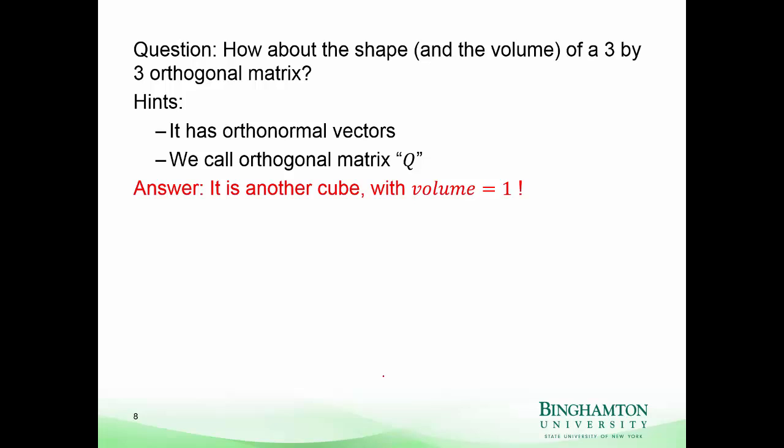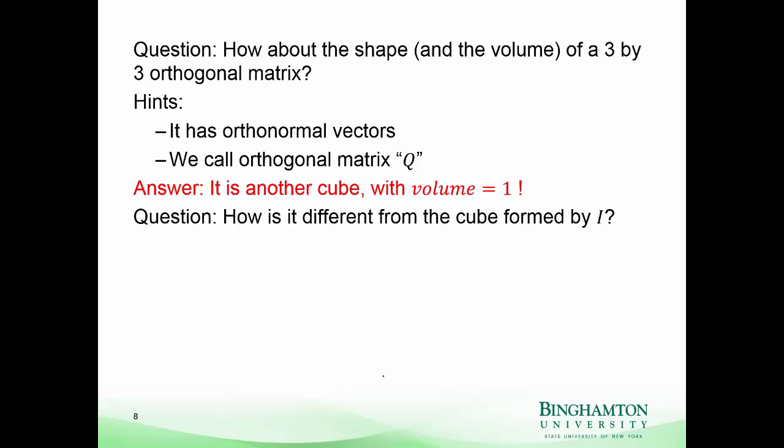And we know its volume is equal to 1 because orthogonal matrices not only have orthogonal vectors, but they are orthonormal. So how might this be different from the cube formed by the identity matrix? If you want to think about that for a minute before I go and answer, you might want to pause it, come back and hit play when you think you've got an idea.